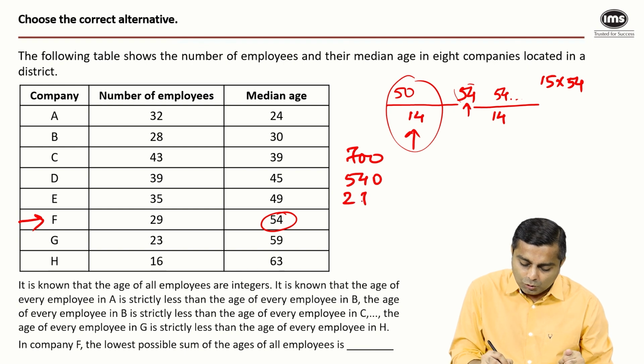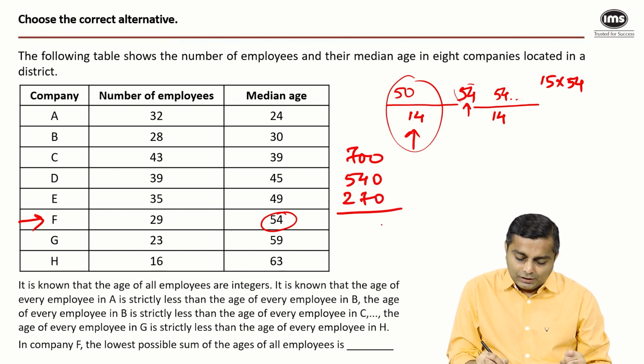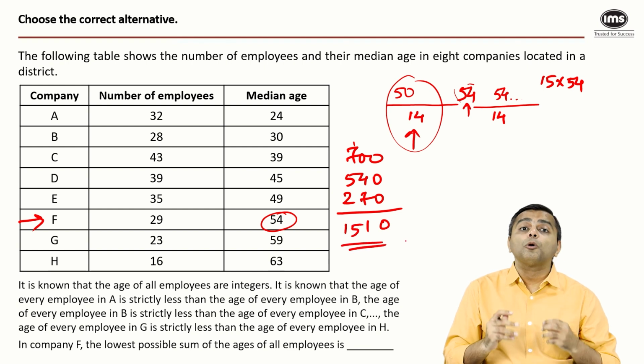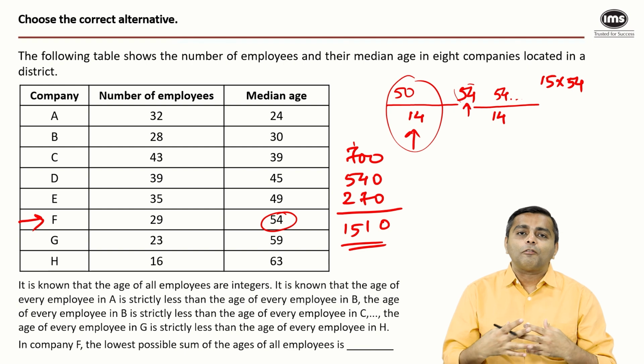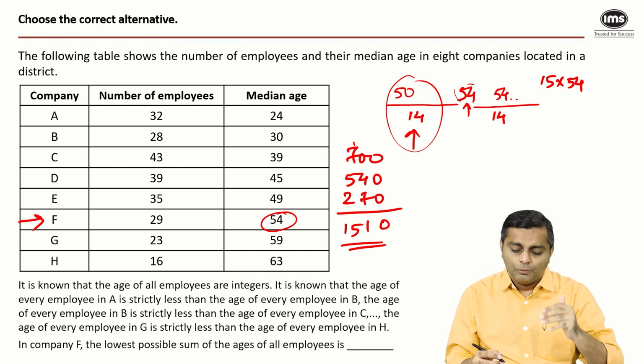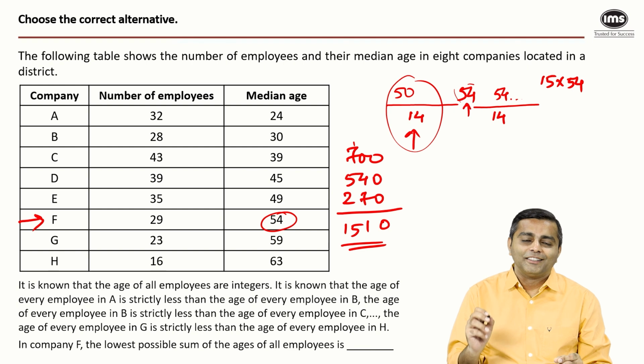I know 54's half is 270. So this is 0, 4 and 7, 11, carry 1. So 8, 8 and 5, 13 and 2, 15. So yes, the minimum total sum of the ages of all the employees of F is 1510.